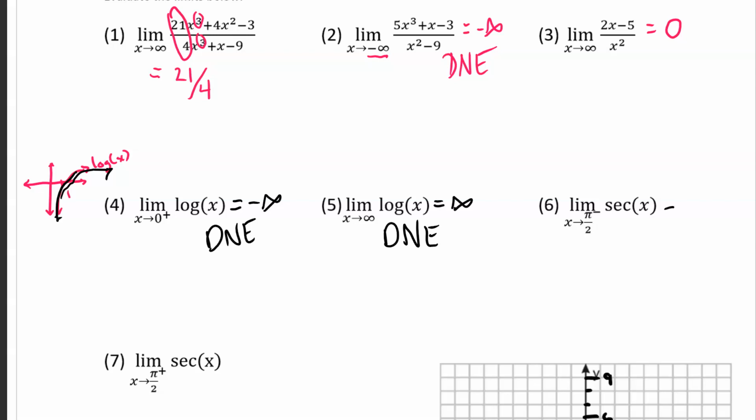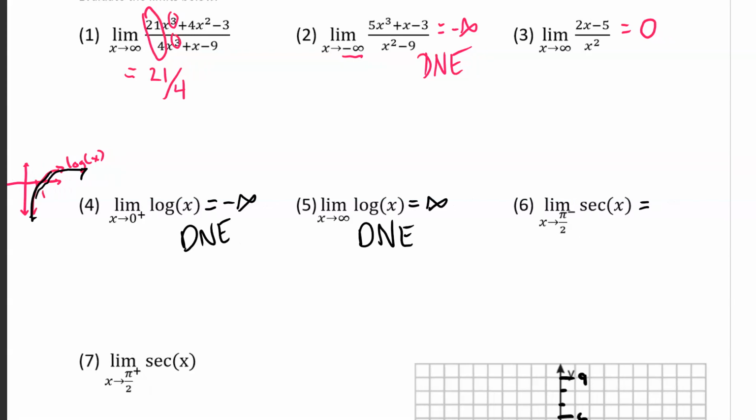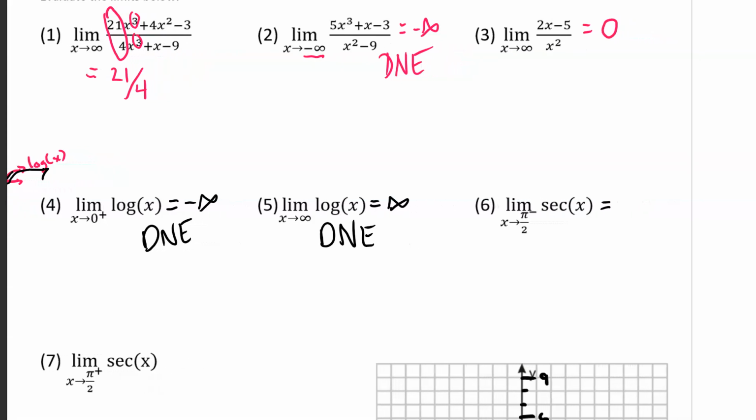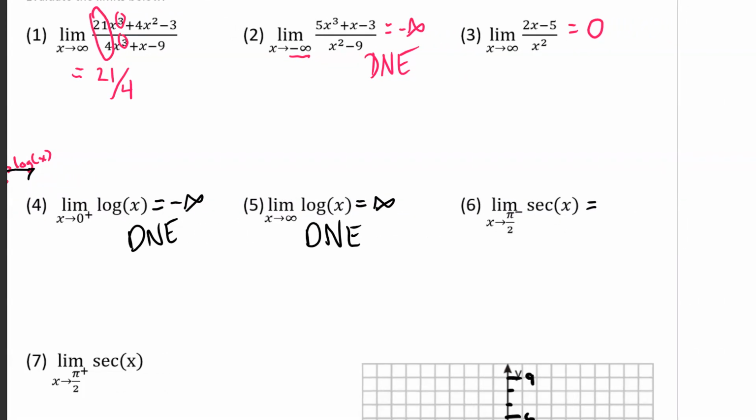For secant, I'm going to encourage us to think about what that graph looks like. Secant is 1 over cosine. So if you remember, we've got our cosine graph.